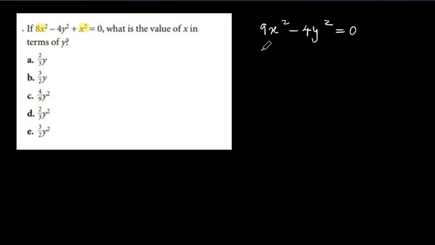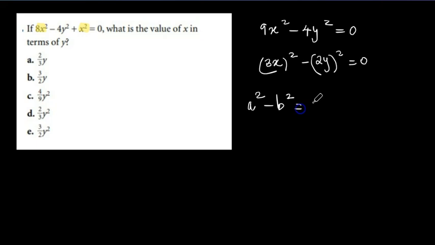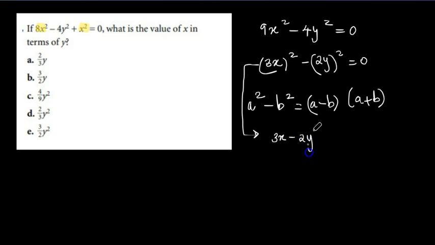If you observe this clearly, you can see that 9x² is (3x)² and 4y² is (2y)². So on factorization, I'm using the property a² minus b² is equal to (a minus b) times (a plus b). Using that property, I can rewrite this as (3x minus 2y)(3x plus 2y) is equal to 0.